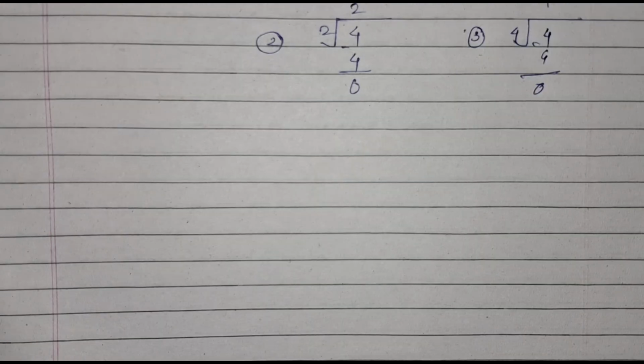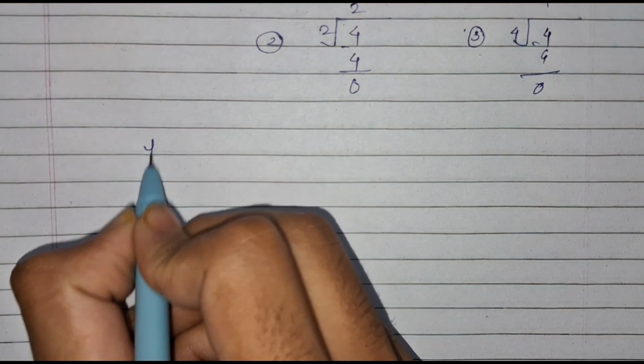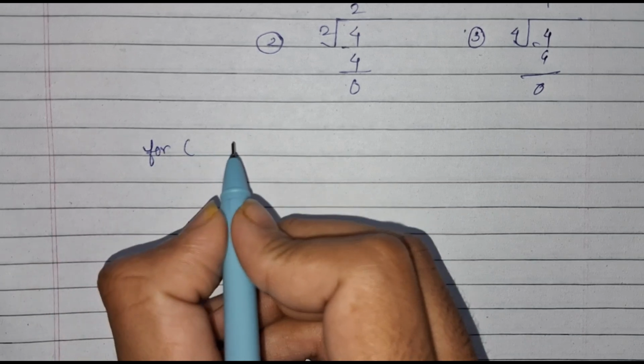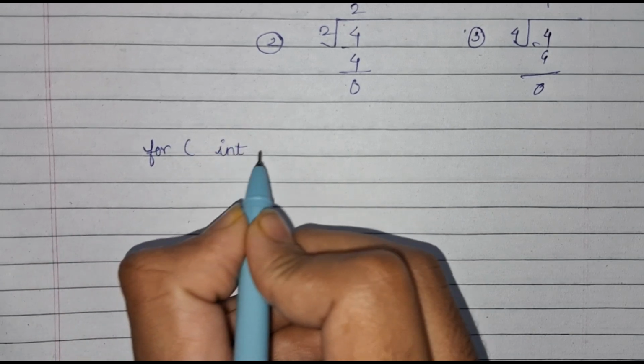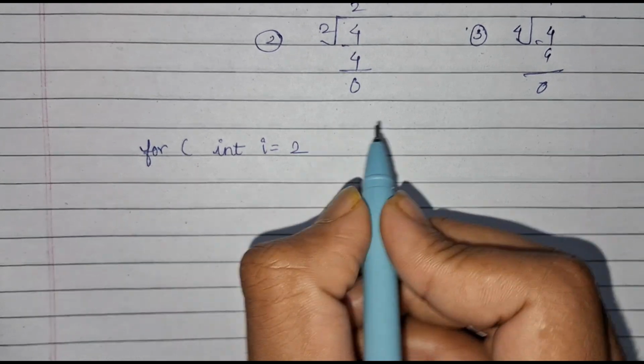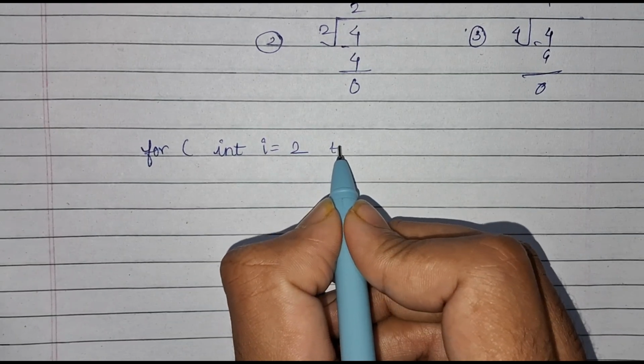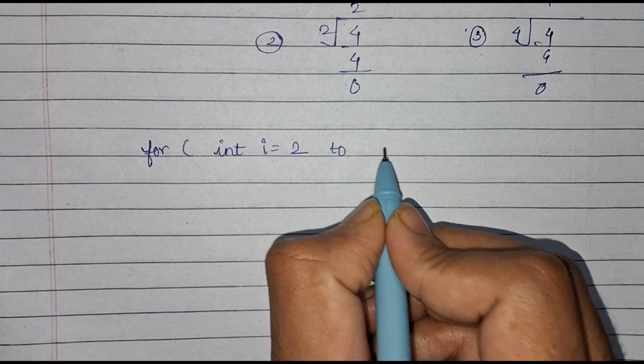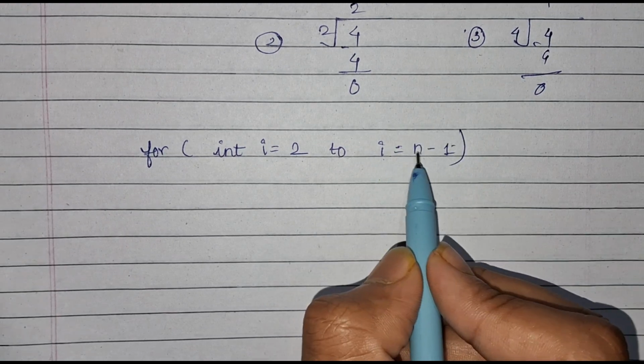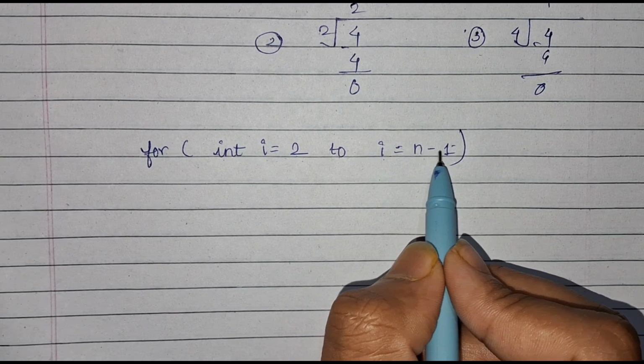In Java, let's check how to implement this in code. For that we run a loop: for int i is equal to 2 to i less than or equal to n minus 1.